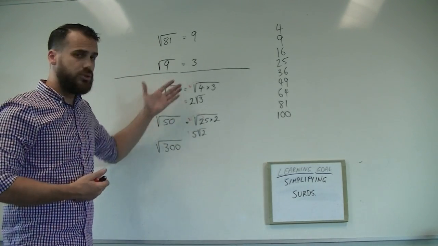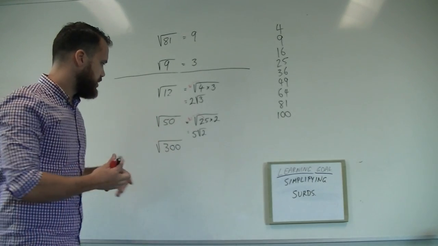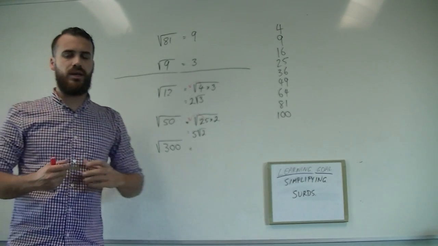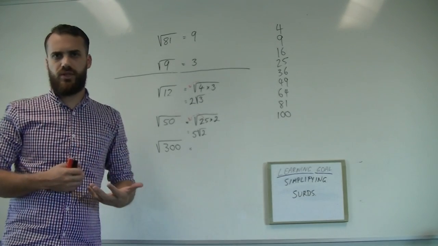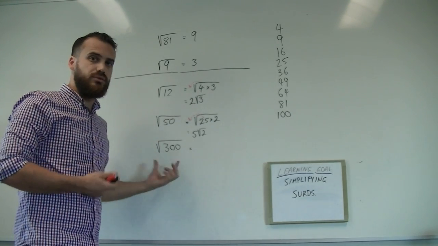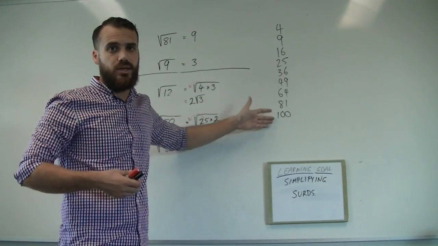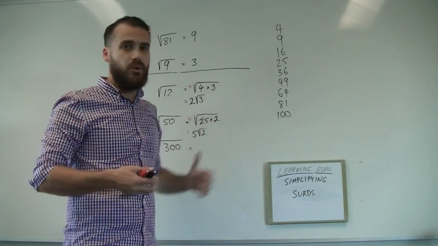Okay, we're doing pretty well here so far. Last one, the square root of 300. Now here's a really big number, so you need to have a little bit of a think about it. The square root of 300. Now if you look through your list, one should jump out at you here. Big number, big number. What about 100?